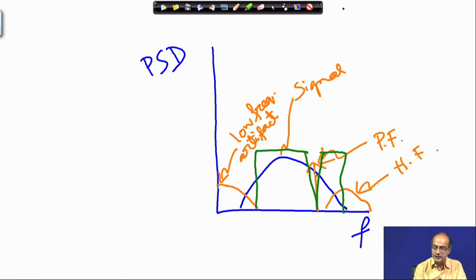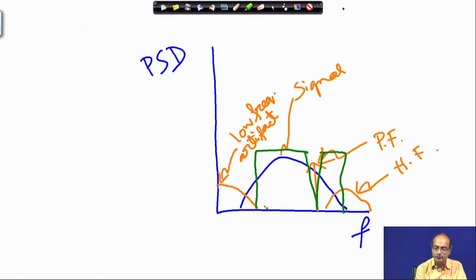But when we try to reduce this power frequency hum, we are actually losing some part of the signal also. Now, should we really make it 0, or have a simple dip here, so that we get some part of the signal, but along with that we need to accept some part of the power frequency signal also? Let us look at the left boundary of the band pass signal.